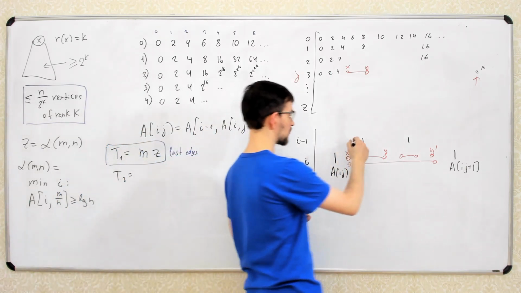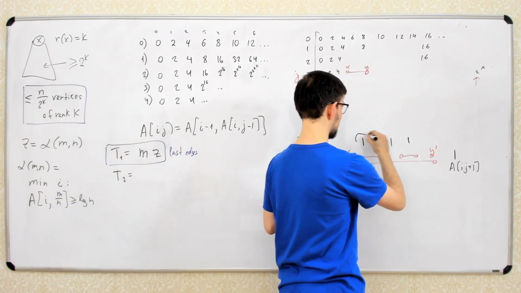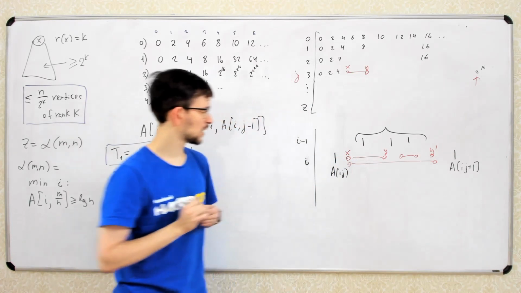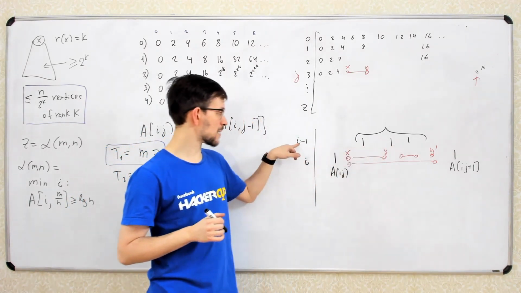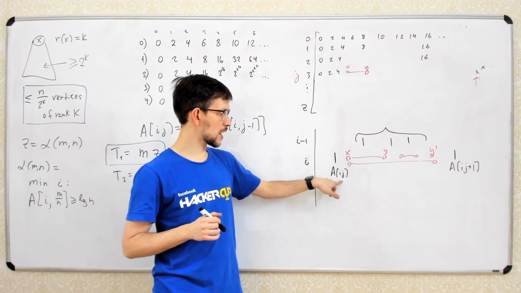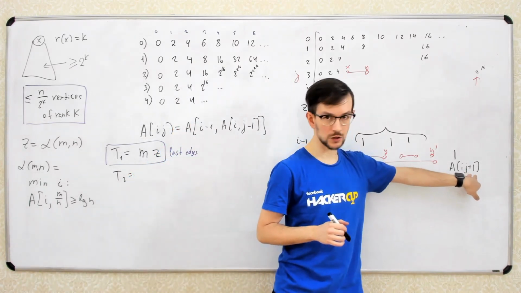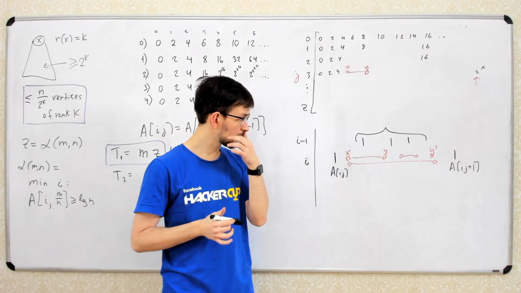So what is the number of elements here? Let's calculate the total number of elements in sequence I minus 1 between Aij and Aij plus 1. No, it's quite easy.